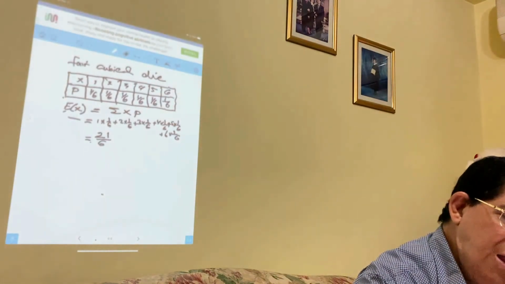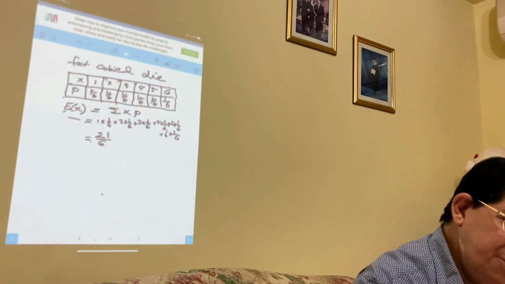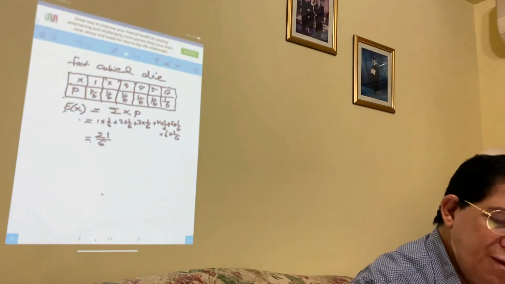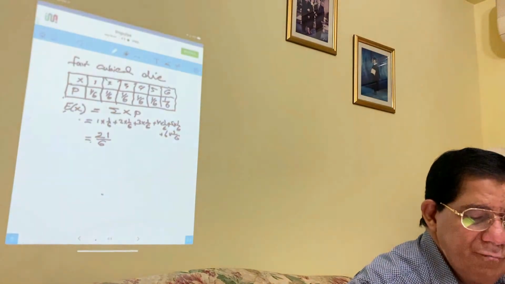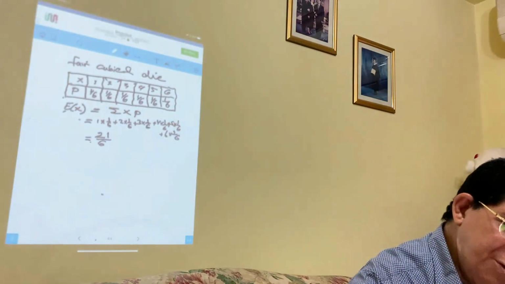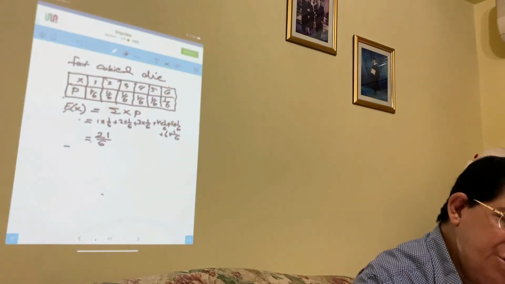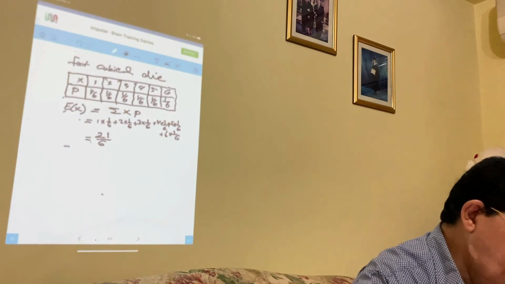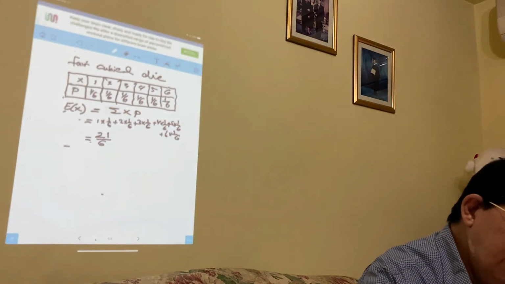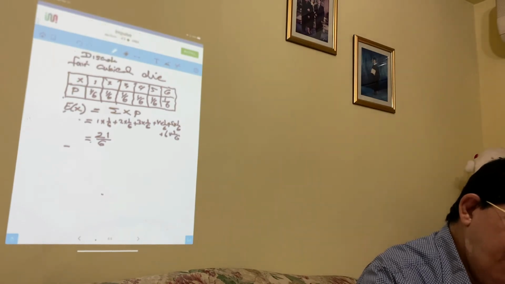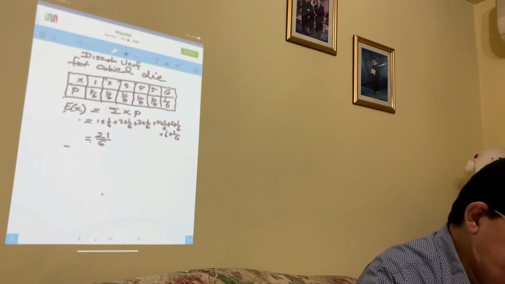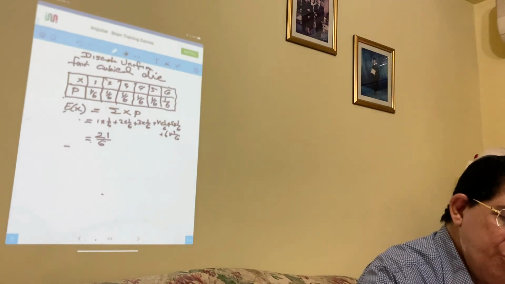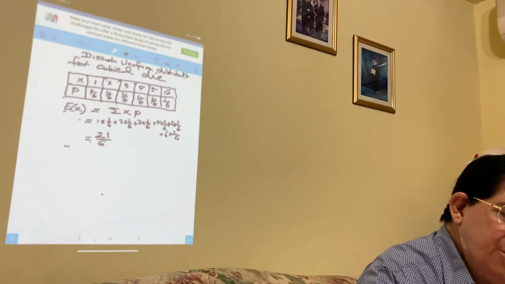The same answer could be obtained by a formula. This distribution is given a name. What is it called? It is called the discrete uniform distribution.